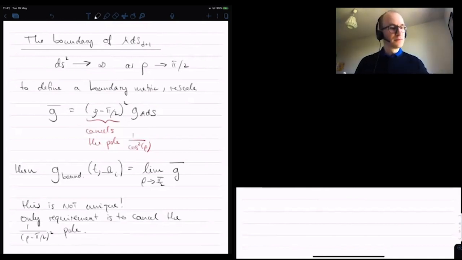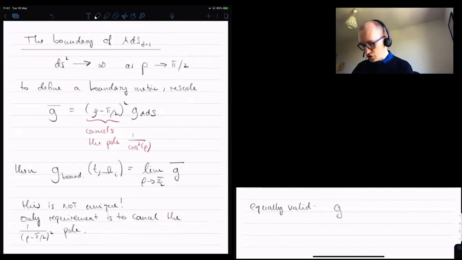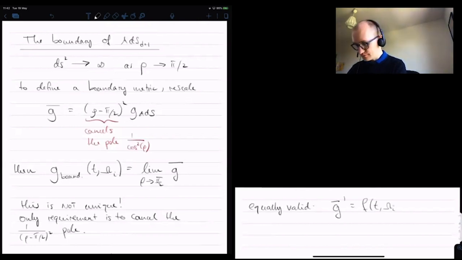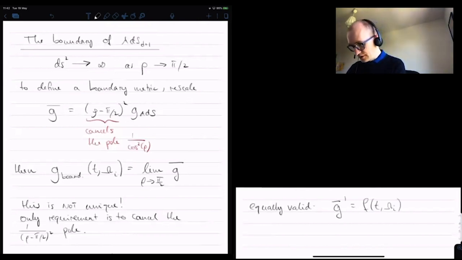So for example, equally valid, you could have had G bar primed, which is equal to any function, in fact, of t and the angles, times rho minus pi over 2 squared times G ADS.